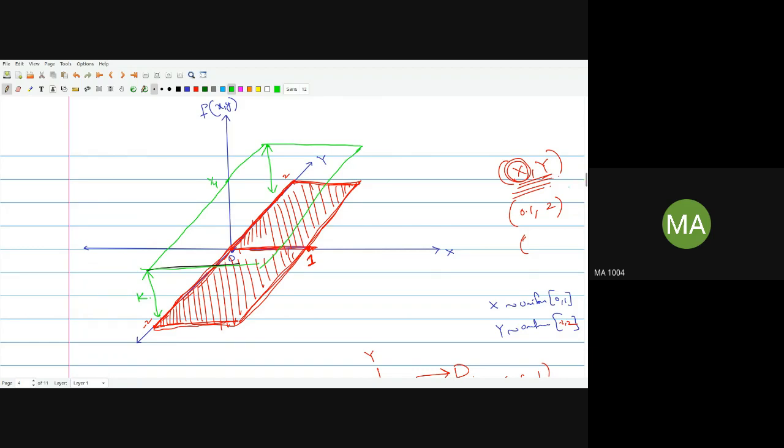It's not necessary that if x and y are uniformly distributed in their own regions, they will be uniformly distributed jointly. But if they are independent, then the joint will follow uniform, because then it will just be multiplication of the marginals. Yes. Good.